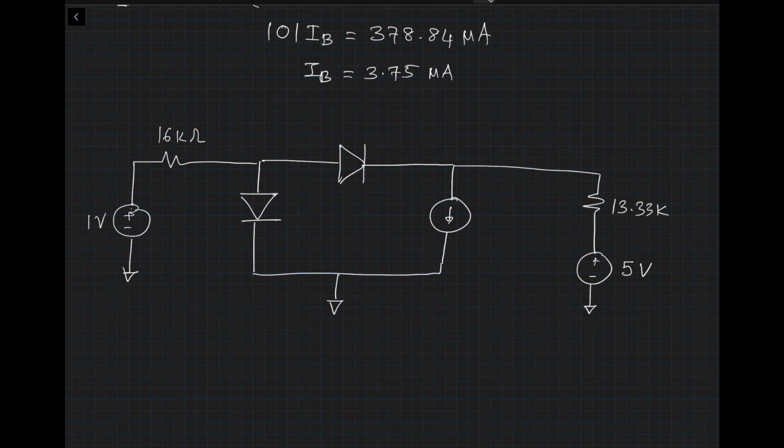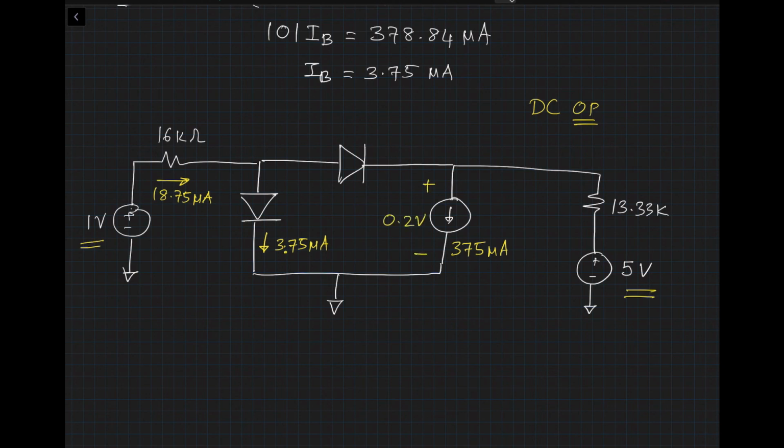Since this is your DC operating circuit, we have the 5 volt supply, and this 1 volt is the Thevenin equivalent due to the voltage divider at the input. As we derived earlier, the currents will look like this. 18.75 microamps will flow through this, the base current is going to be equal to 3.75 microamps, and 100 times that will be 375 microamps flowing through, and there will be a 0.2 volt drop here, VCE.